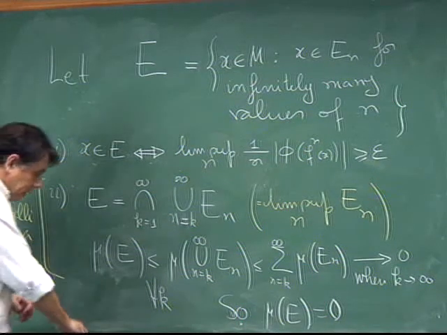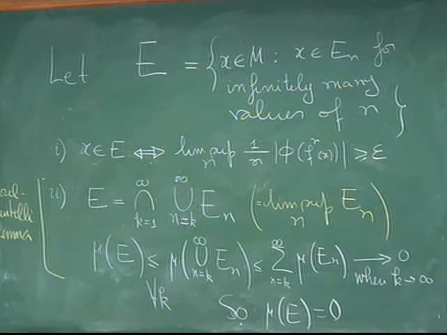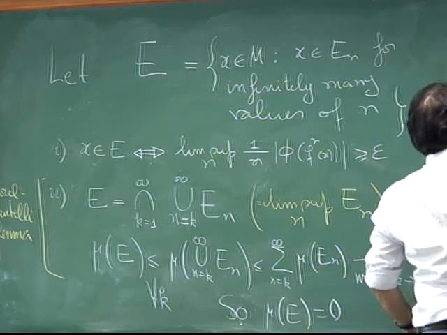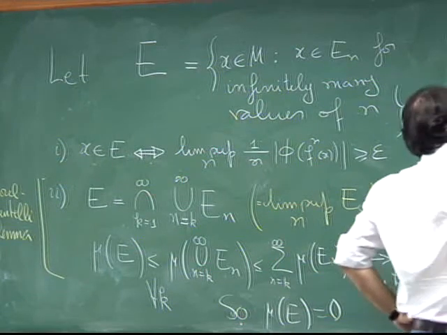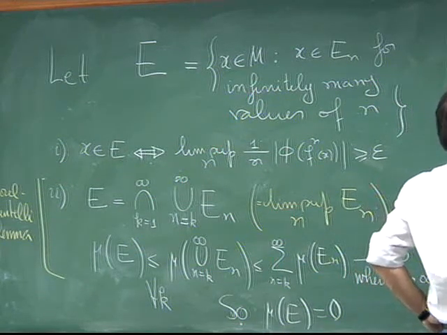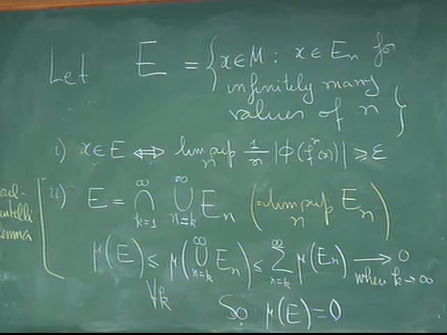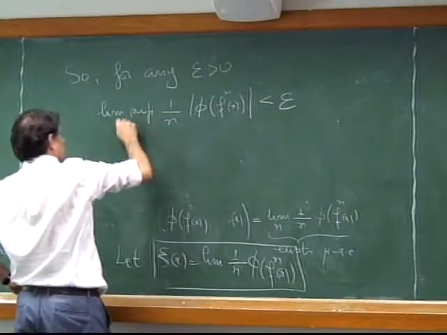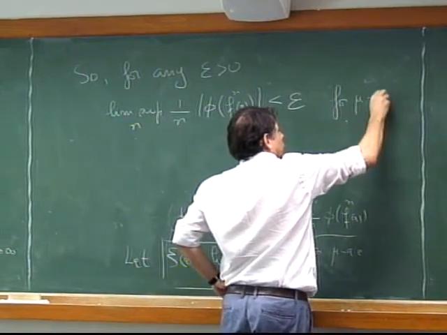So what did I prove here? I proved that for any positive epsilon, the lim sup of 1 over n phi f^n of x is less than epsilon for mu almost every x.